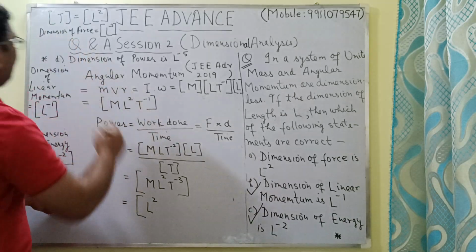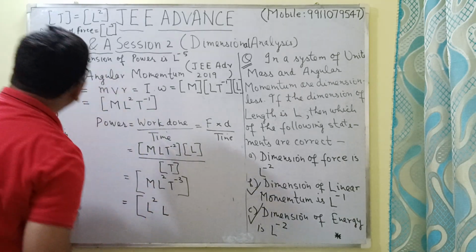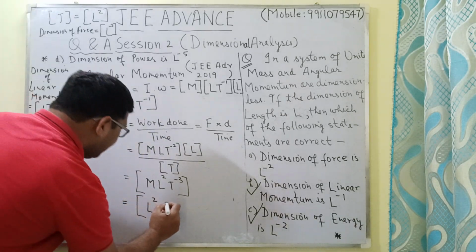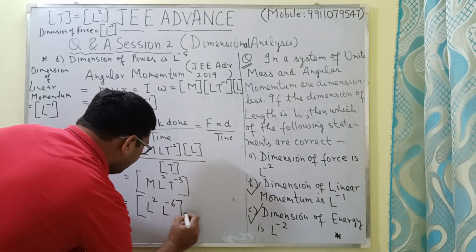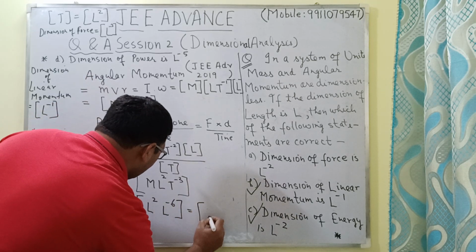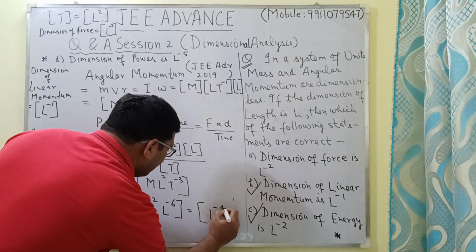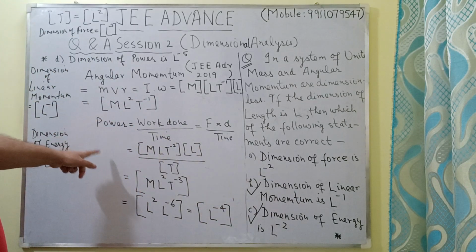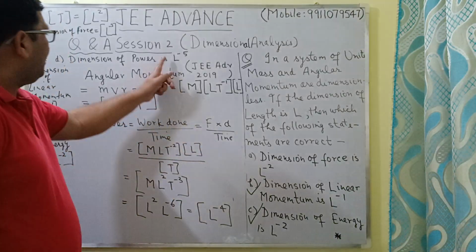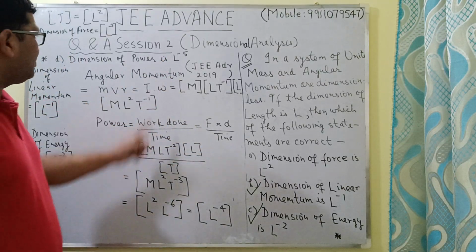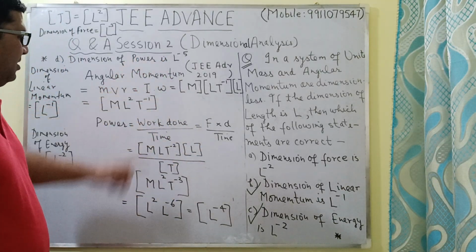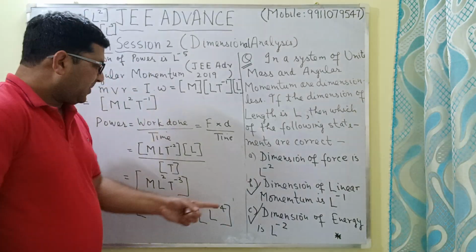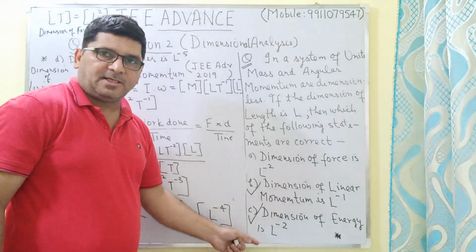T to the power minus 3 will be equal to L to the power minus 6. So the dimension here will be equal to L to the power minus 4. Okay, so the dimension of power is equal to L to the power minus 4. Here it is written L to the power minus 5. So this option is not correct. So in this question, options B and C are correct.